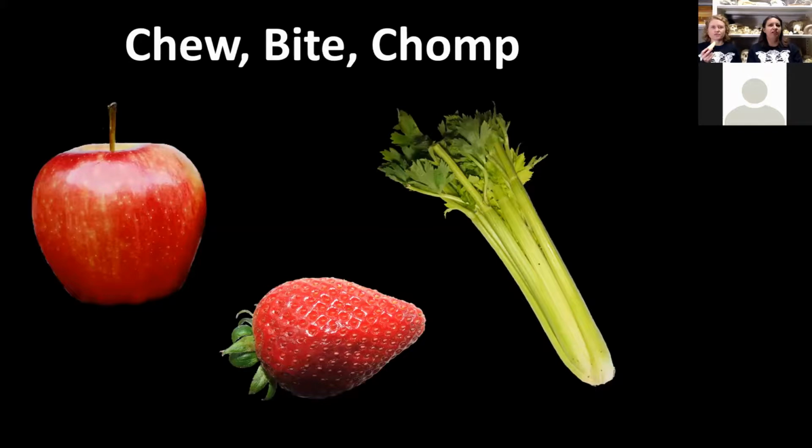And then when you're actually eating it, what was the first tooth you used to chew, bite, or chomp into this food item? Okay. All right, are we ready? Let's go ahead. Let's eat our first food item.